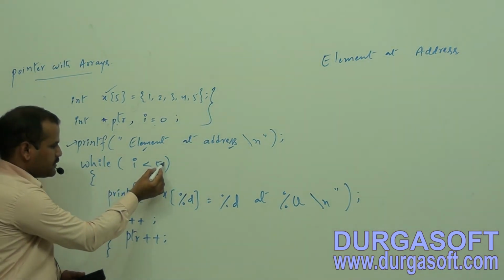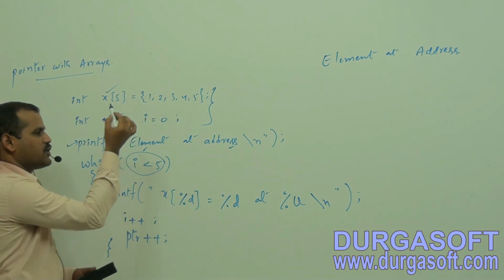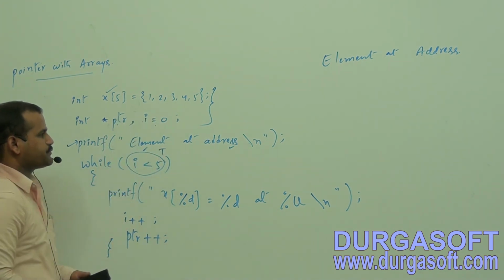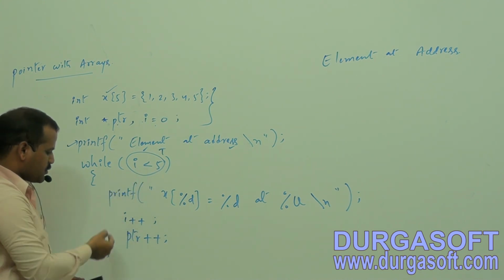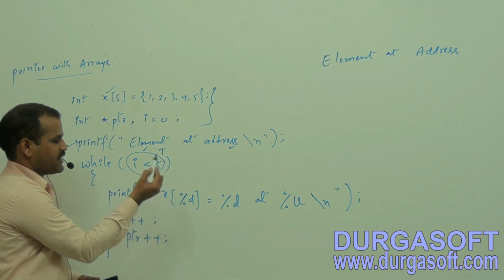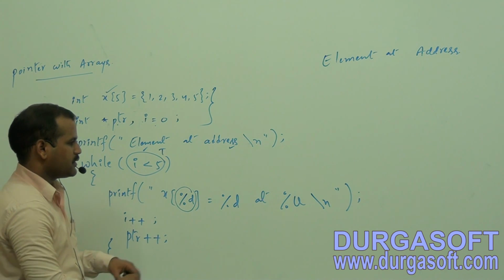Next, the while condition is there. In this while, the condition is I less than 5. So I is assigned 0 initially. So I less than 5 means the condition is true, so this code segment will be executed. So the printf statement x of %d, here %d is the specification format.